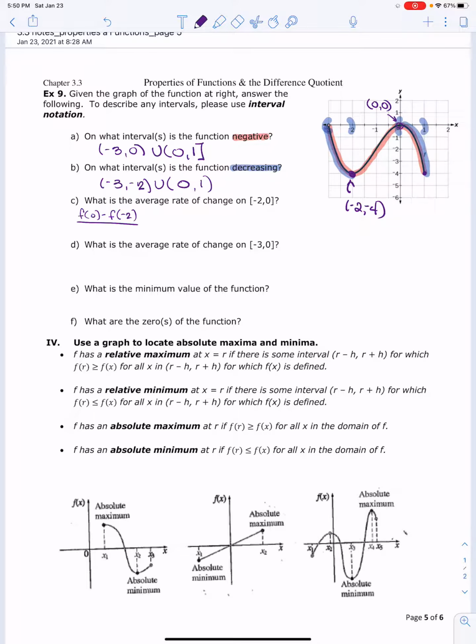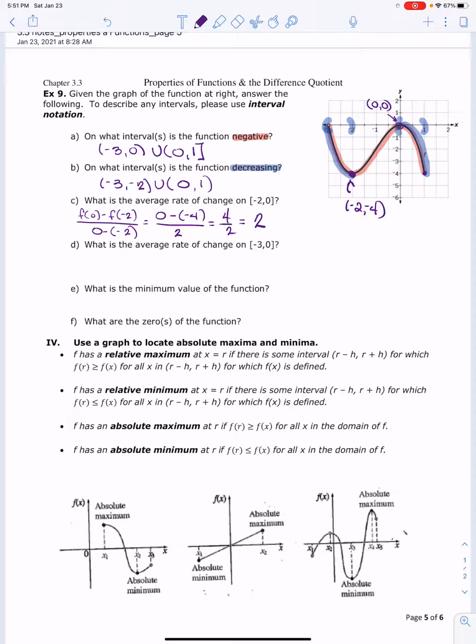There's my y sub 2 minus y sub 1 over x sub 2 minus x sub 1. 0 minus, we have a -4 here, and 0 plus 2 is 2. 4 over 2, we get the average rate of change, or the slope between those 2 points, is 2.